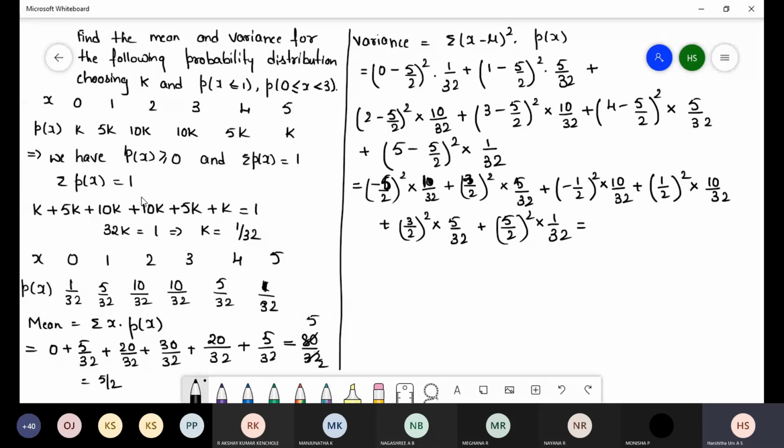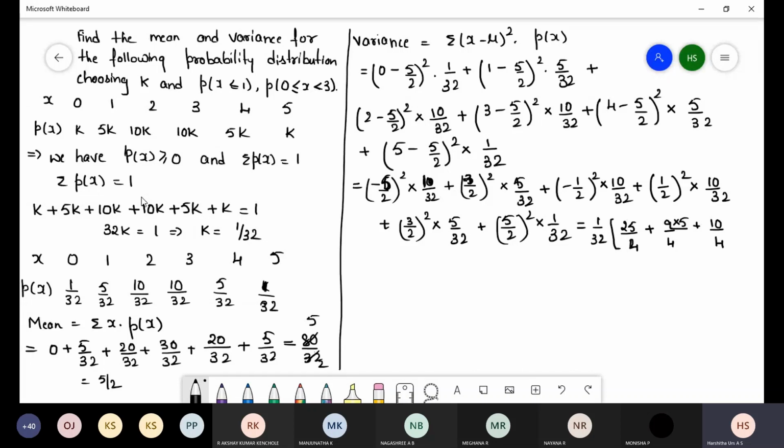Next, I write 1 by 32 as a common term outside every term. So minus 5 whole square means 25 divided by 4. Again minus 3 whole square means 9 by 4, 9 into 5 is 45. Plus 9 into 5, 45, plus again 10 by 4, because 1 by 4 into 10 is 10 by 4.